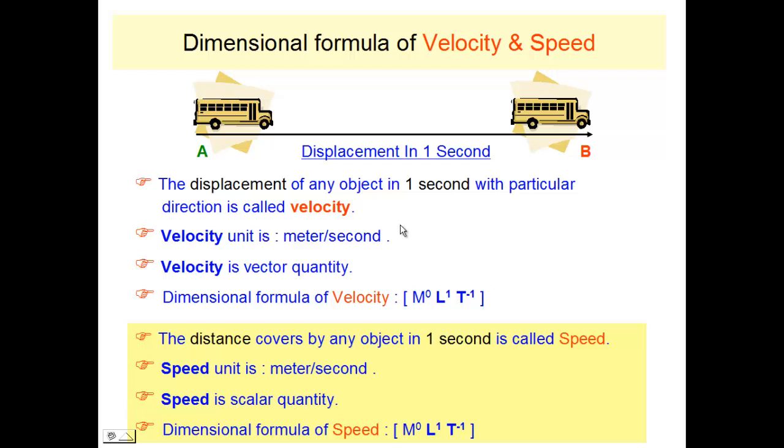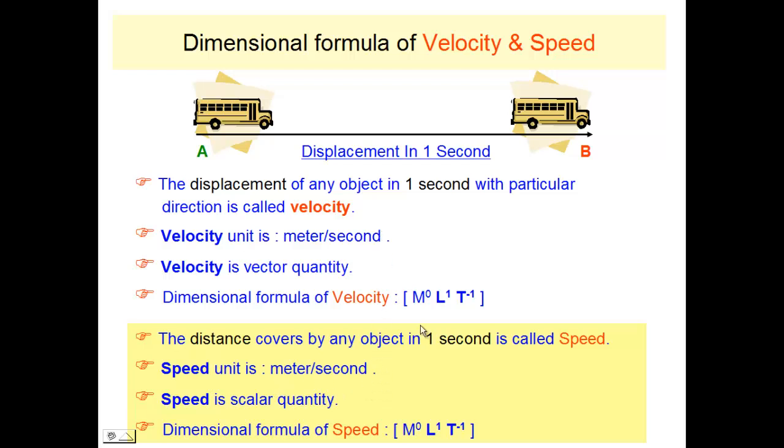Now next, learn the speed. What is speed? The distance covered by an object in 1 second is called speed. The speed unit is also the same, meter per second, but speed is a scalar quantity because direction is not available in speed. The dimensional formula of speed is mass power 0, L power 1, T power minus 1, because the unit of speed is meter per second.